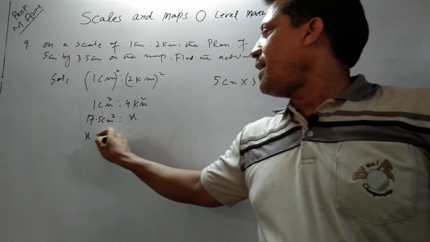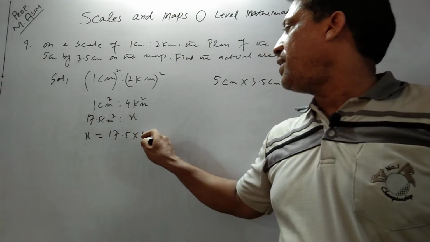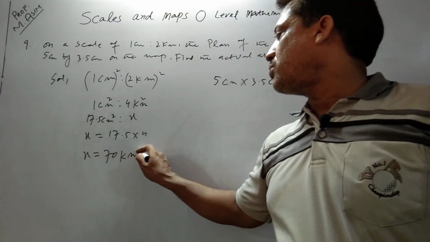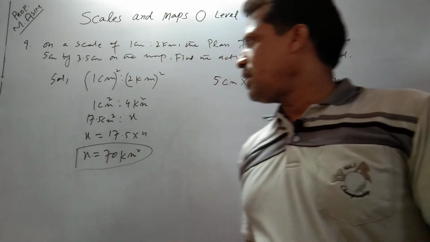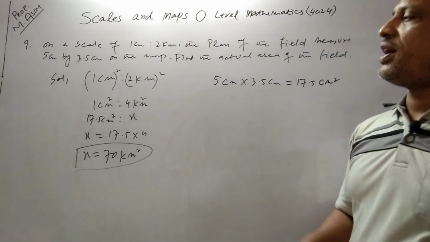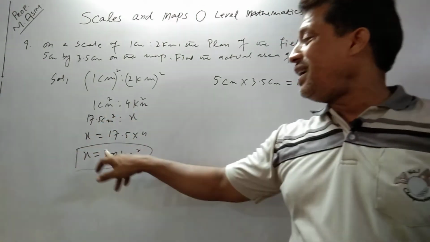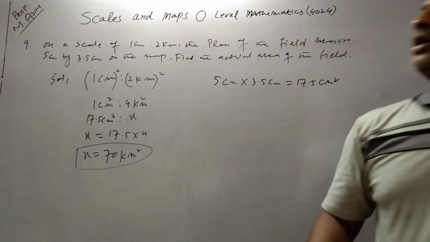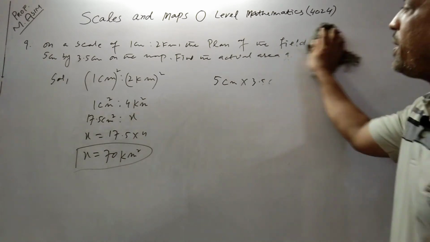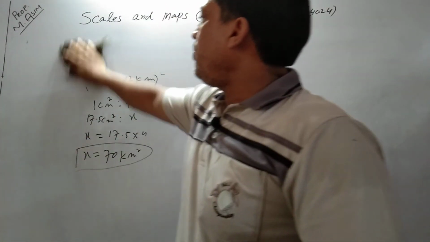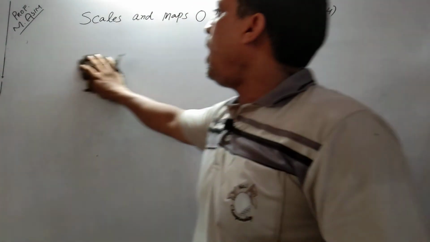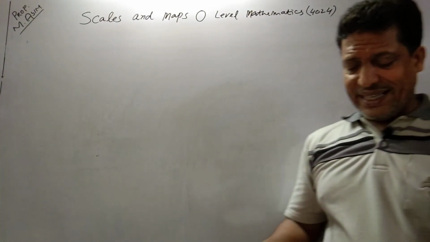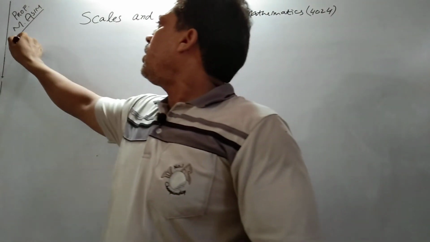Hence 17.5 centimeter square on the plan represents 70 kilometer square actual area. Now the last question of this topic, and I hope you fully understand how to deal with questions related to scales and maps. Question number 10.